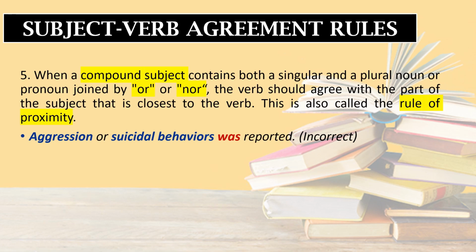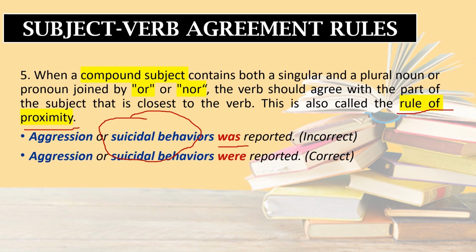Now let's take note of this. Rule of proximity. So what is the subject that is closest to the verb? It is suicidal behaviors, and suicidal behaviors is in its plural form. Therefore, we need to use the plural verb. So instead of using was, we have here were.